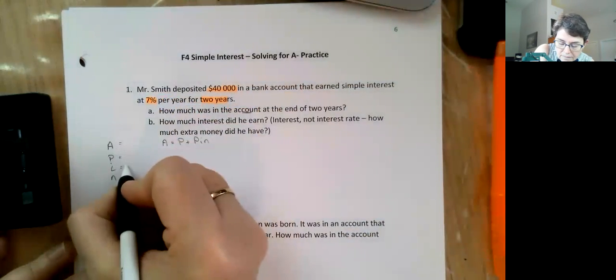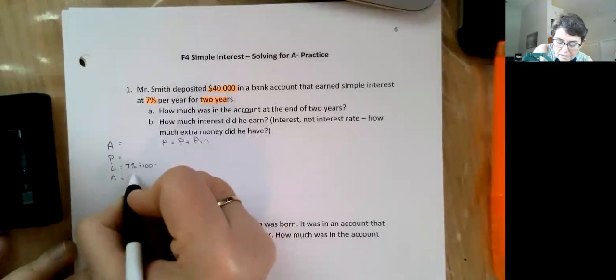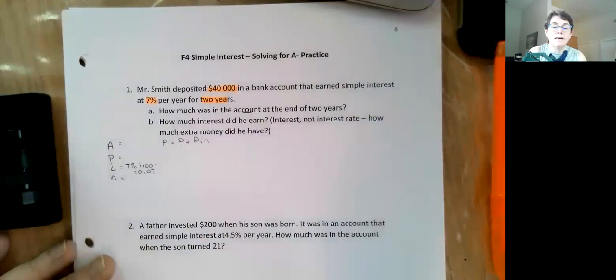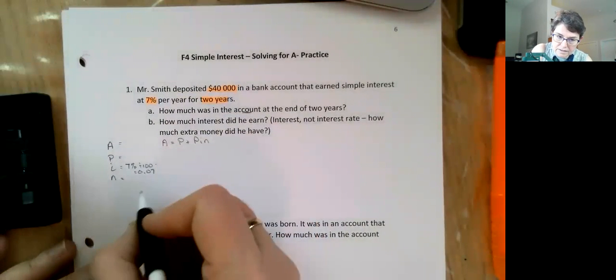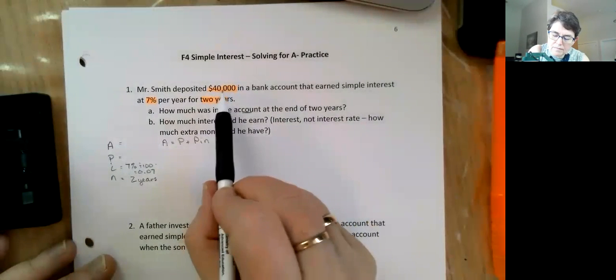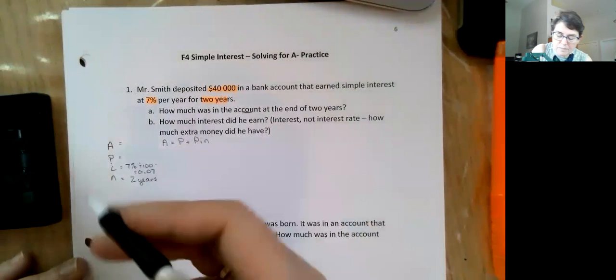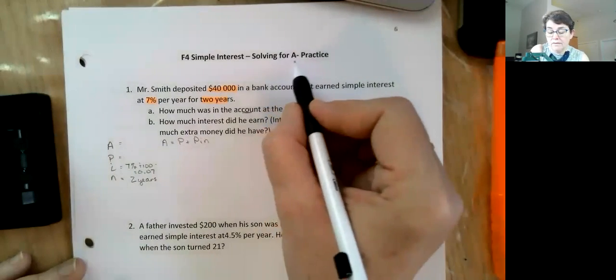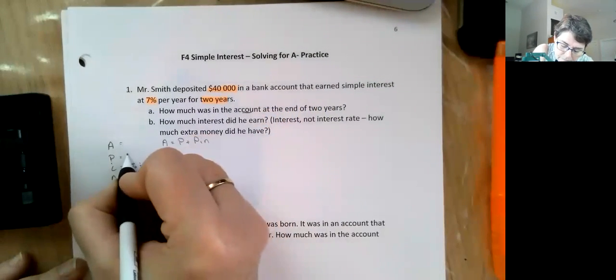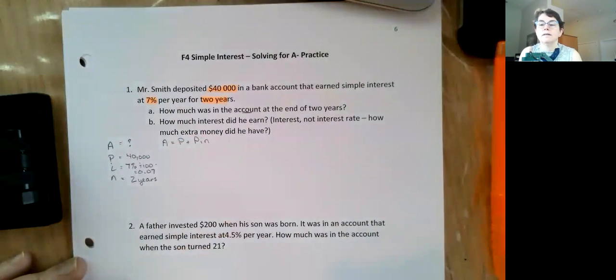Well, let's do the easy stuff. So 7% divided by 100 is 0.07. I'm going to write it there because I keep writing my formula too far to the left, same thing I messed up in the last video. N is the number of years, so 2 years. Now there are two choices here. This is the amount he started with, so that's going to be our principal, and we're solving for A. I always put a question mark.